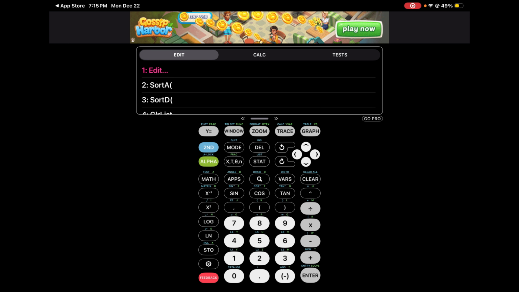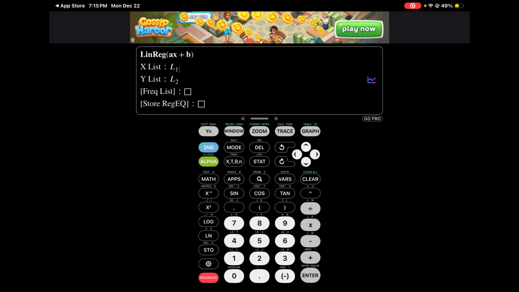Then I'll do a linear regression, which is just a best fit line, and it is ax plus b, which is the same as mx plus b. So your a is the slope, right? So earlier I stated that L1 is x and L2 is t squared, right? And we know that our x is the vertical axis and our t squared is the horizontal axis. So I'll just swap these two numbers right here.